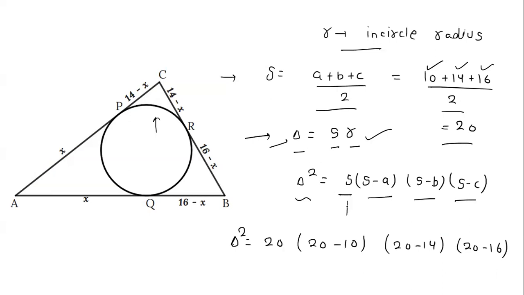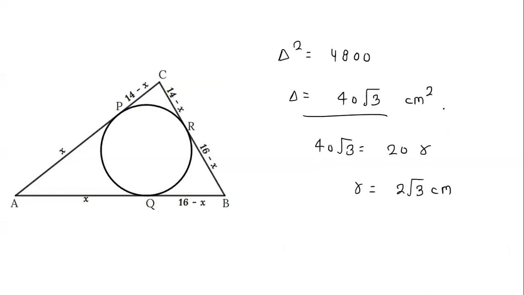Now we know the semi-perimeter value is 20, and the sides are 10, 14 and 16. So from here you can find the area of the triangle using Heron's formula. It will come out to be 40 root 3 centimeter square. This is equal to the semi-perimeter multiplied by the inradius, and we know the semi-perimeter value is 20.